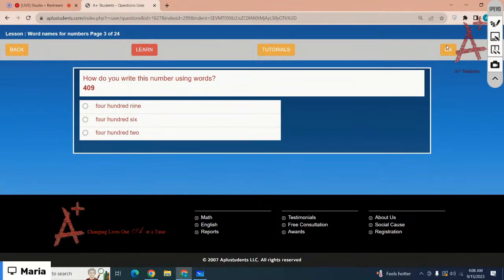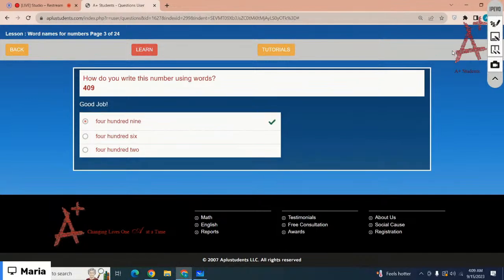How do you write this number using words? Which option is the correct one? The correct option is 409. Option number 1 is the correct option. Very good.